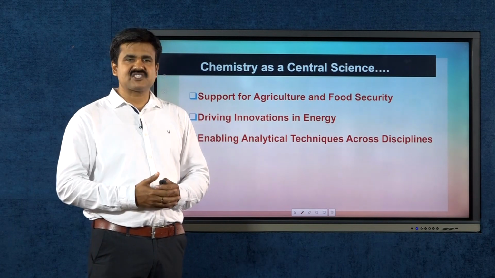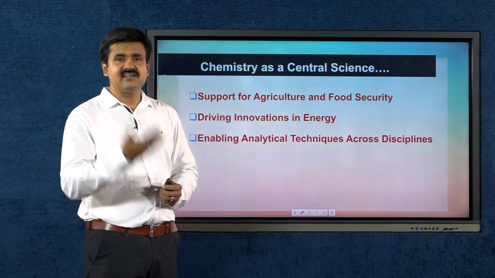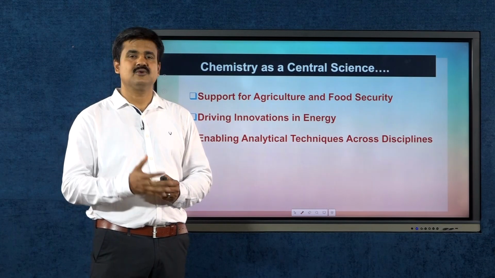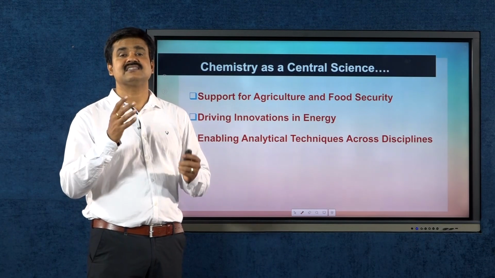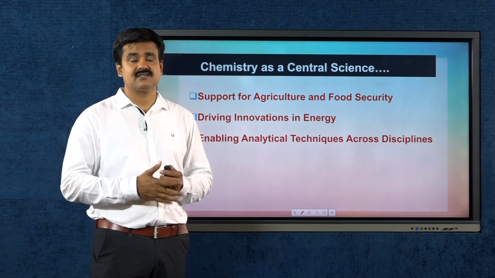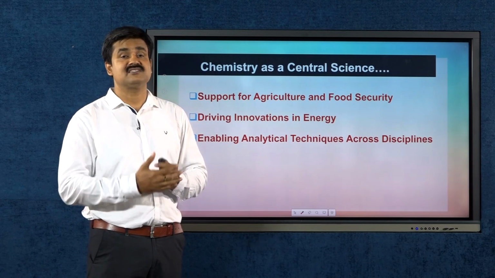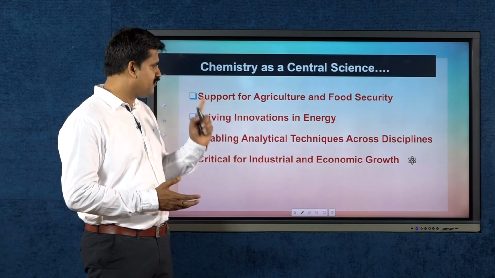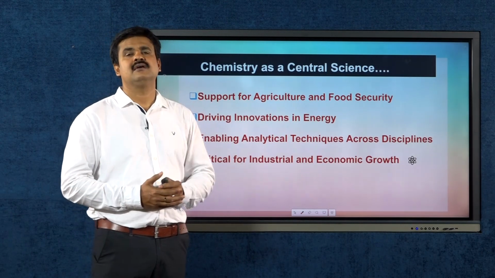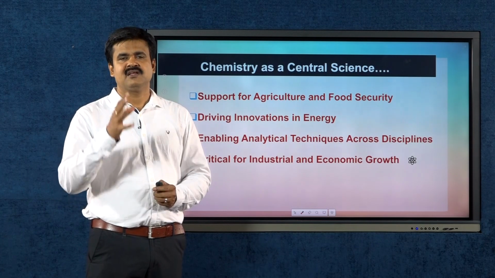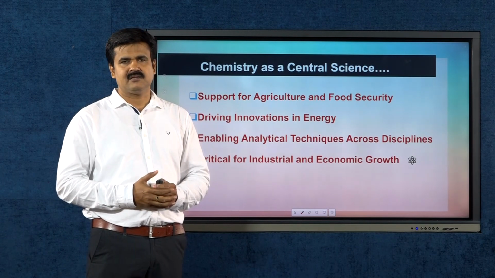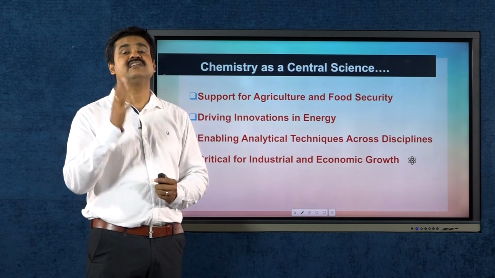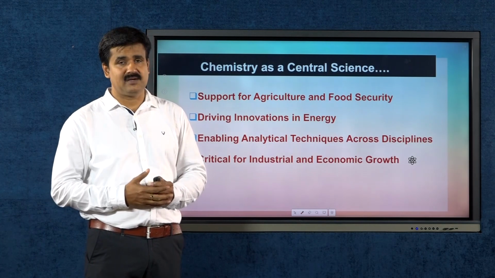This chemistry branch enabled analytical techniques across different disciplines. So, analytical chemistry has its roots, has its connections in several other branches of science. Chemistry is critical for industrial and economic growth. The branch chemistry and its contribution to economic growth and industrial growth is remarkable.